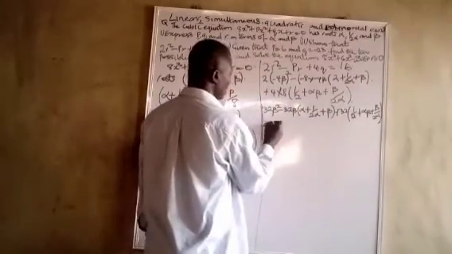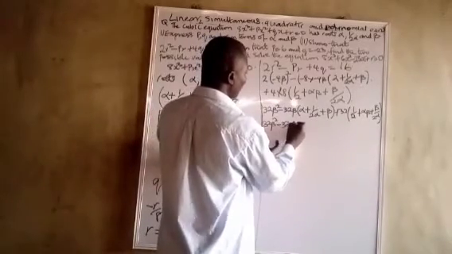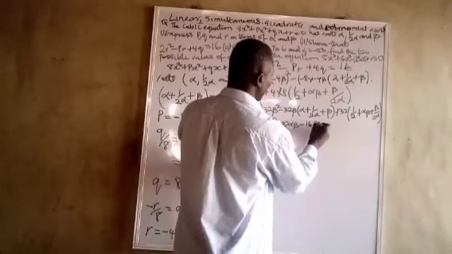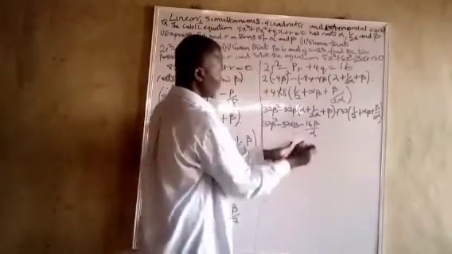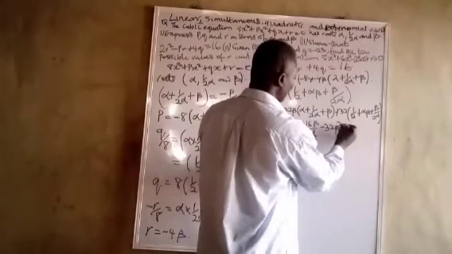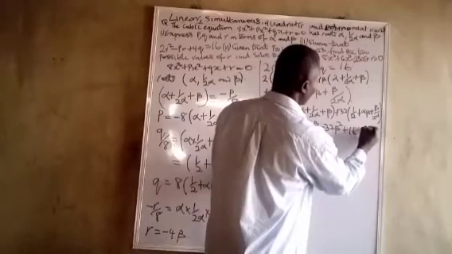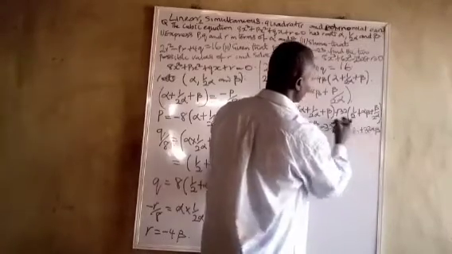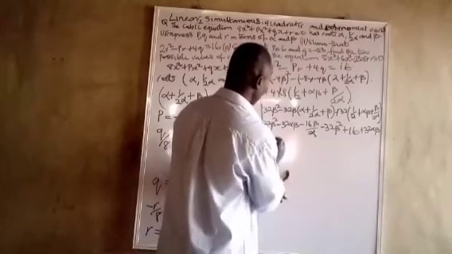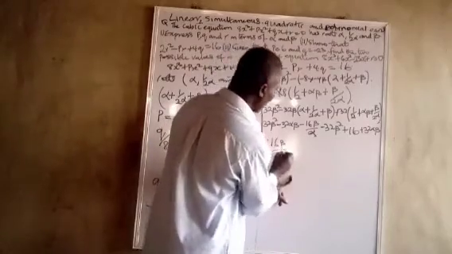So I have 32 beta squared minus 32 alpha beta minus 16 beta over alpha minus 32 beta squared. This one plus 16 plus 32 alpha beta plus 16 beta over alpha.